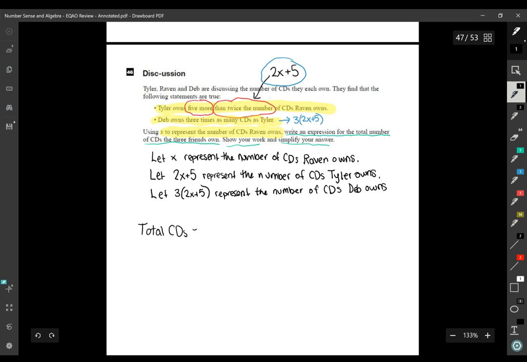Well, that's just going to be equal to Raven's CDs plus Tyler's CDs plus Deb's CDs, right? So it's going to be X plus (2X plus 5) plus 3 times (2X plus 5).